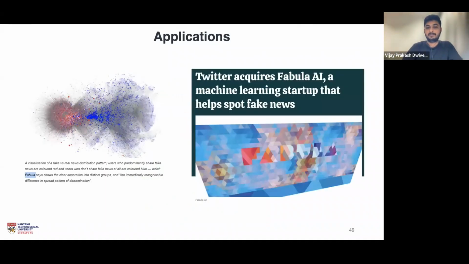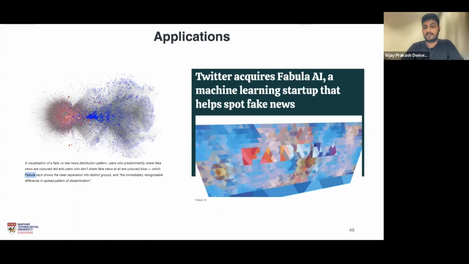And finally, it's also used in social network applications. In 2019, Fabula AI, which is a startup of Professor Michael Bronstein and his collaborators, trained a model that could detect fake news in Twitter graphs.